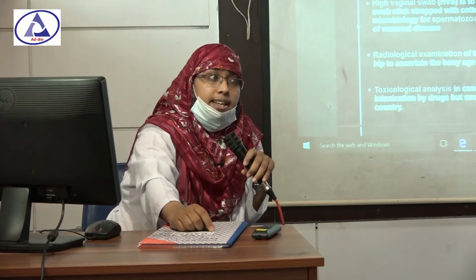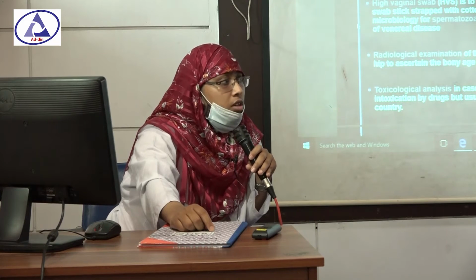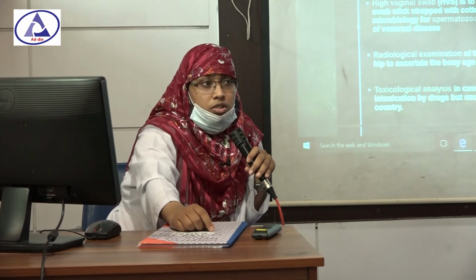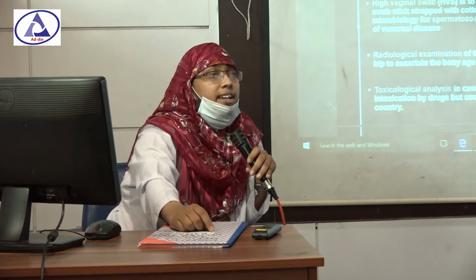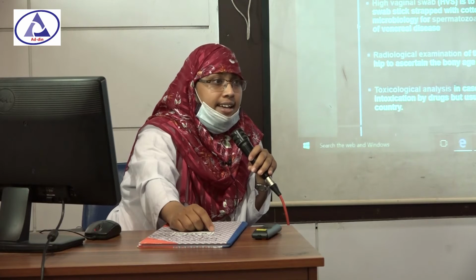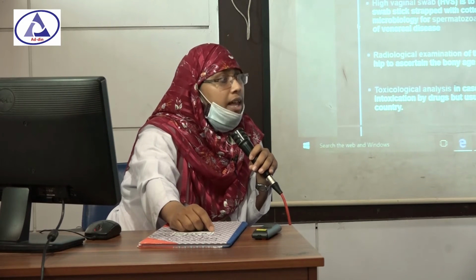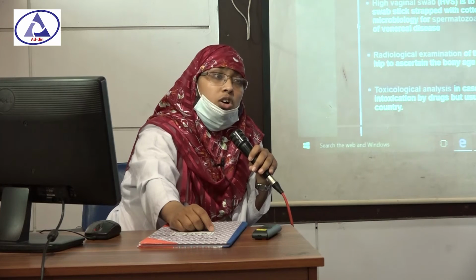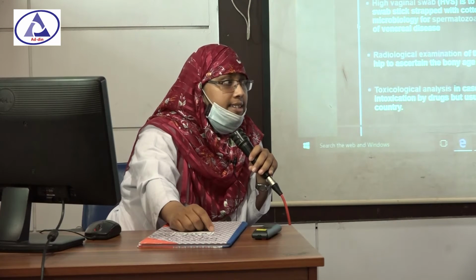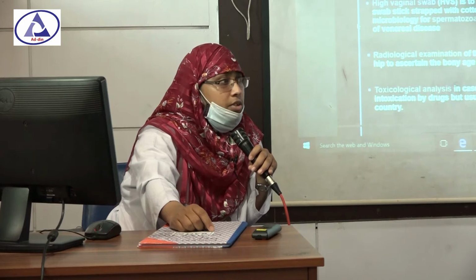Then radiological examination, as I mentioned before, for age determination. Finally, toxicological analysis of blood. Mainly blood is collected for toxicological analysis, that is chemical analysis. You have read that in the autopsy chapter, right?